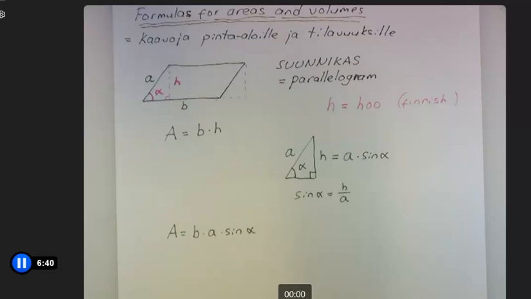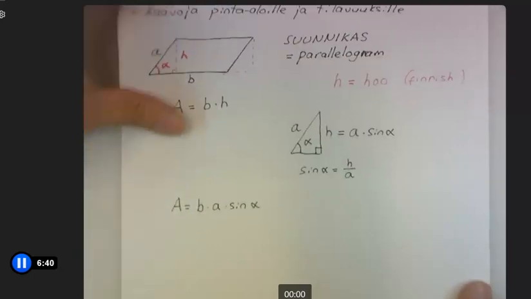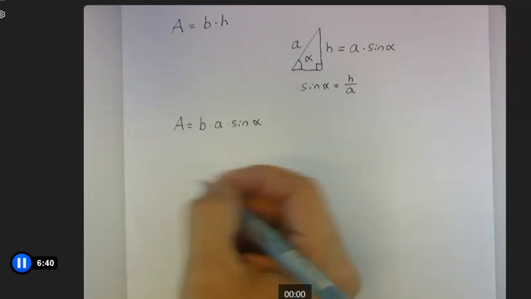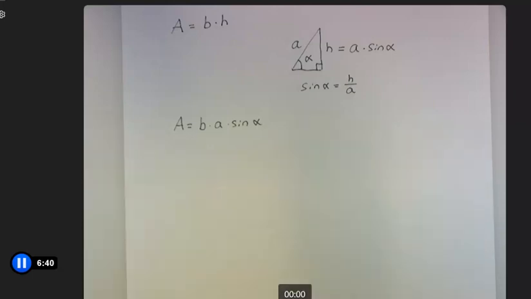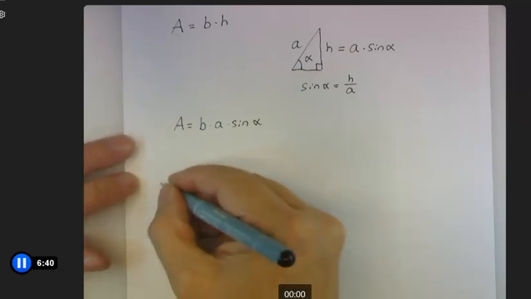So this is the suunnikas, or parallelogram. Then I will take this kind of figure. In formula books it is drawn in many ways. I will draw it in the way where I think it is most useful to use this formula.